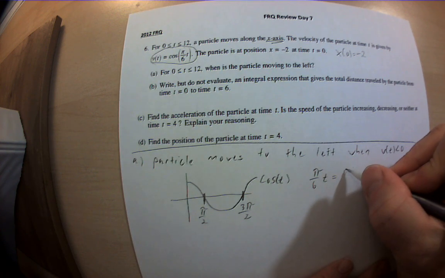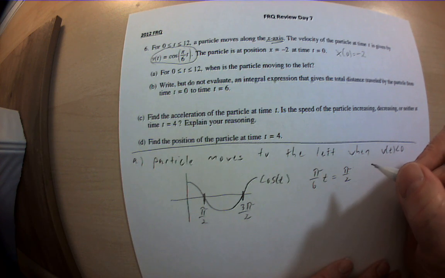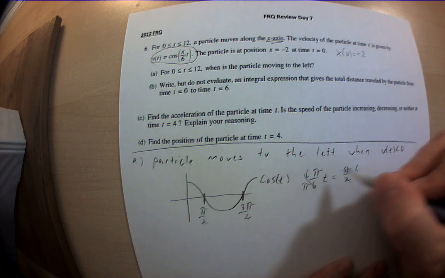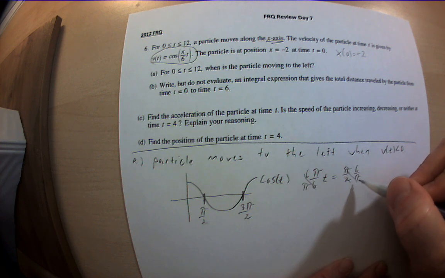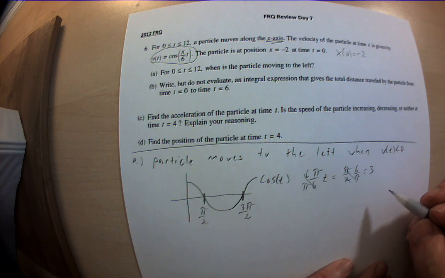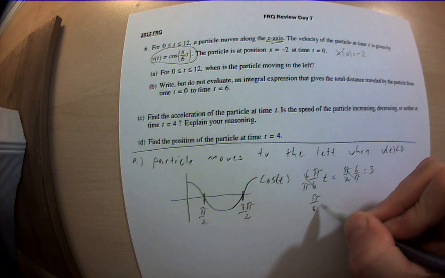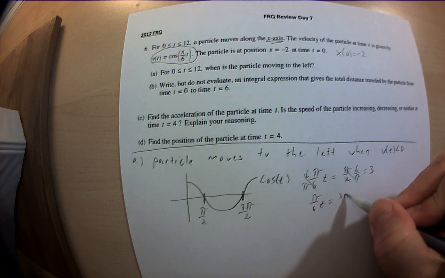So when does that equal pi over 2? Multiply both sides by 6 and divide by pi. What I end up getting is 3. So t is 3, and 3 pi over 2. So when is pi over 6 t equal to 3 pi over 2?